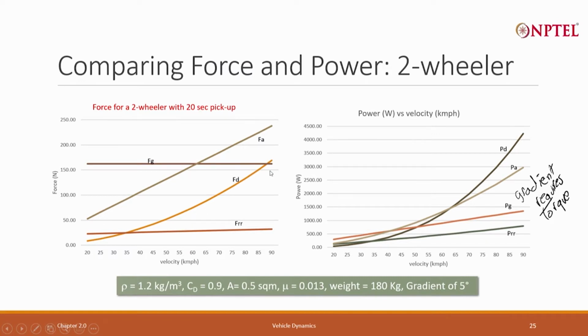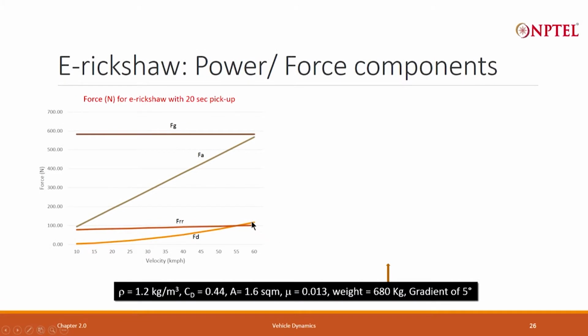Why is the two-wheeler curve showing as if it increases rapidly? Because the scale is that it actually goes, even at 60 kilometer per hour, it will go to around 100 newtons, not even 100 newtons, 60-70 newtons. Here it is only up to 60 kilometer, and you see it goes to up to only around 100 newtons.